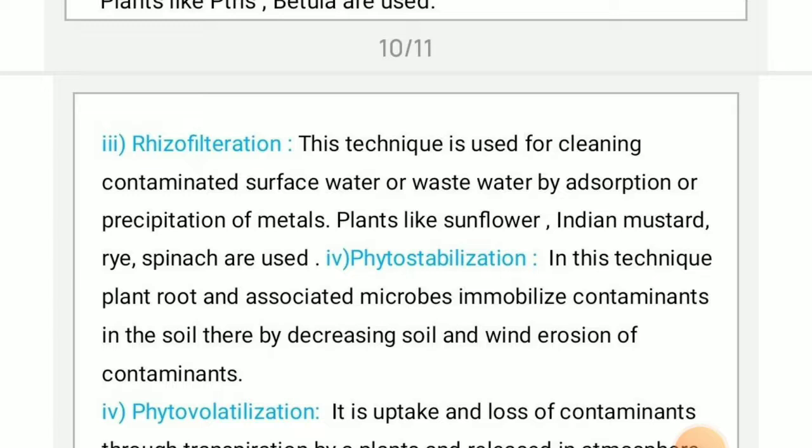In this technique, the plant root and the associated microbes immobilize the contaminants. Very good phenomenon. In this method, the plant has roots, and the roots are present within the soil, because roots are positively geotropic and negatively phototropic.